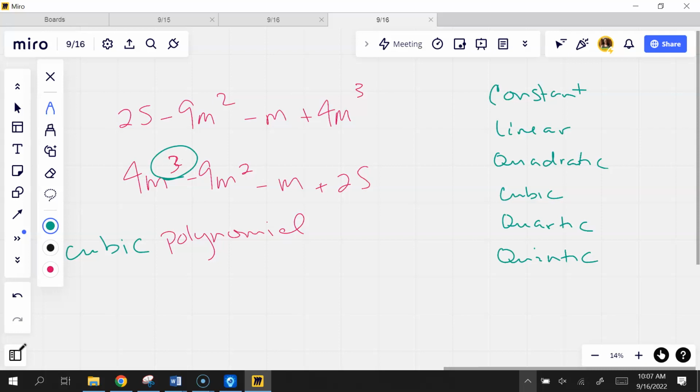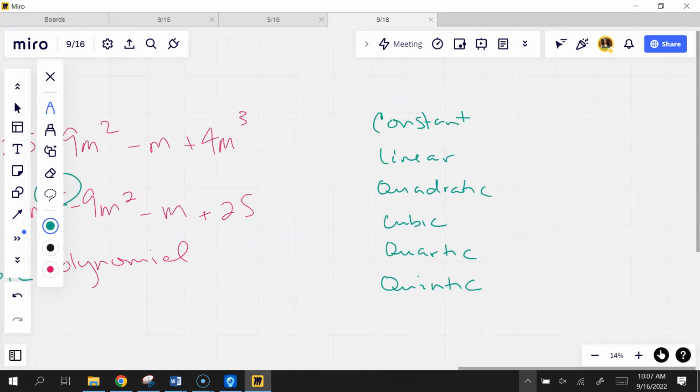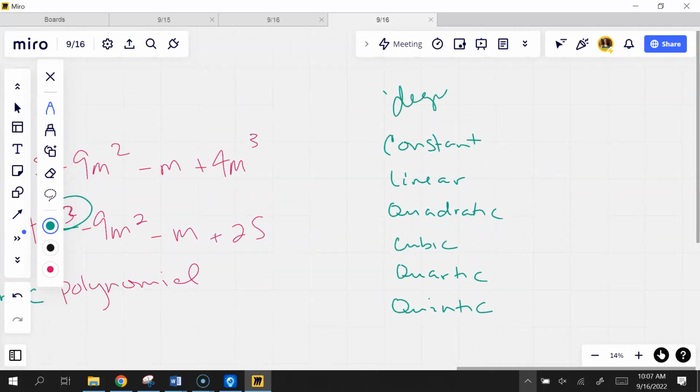Yes, if it's not. Well, it depends on the number of terms. There's two types of classifications. This is the degree. And then you have the number of terms. Okay. 1 term is a monomial. 2 terms is what? A binomial. How about 3?